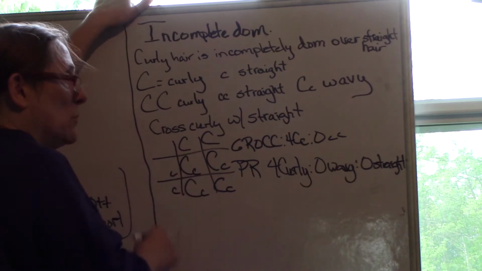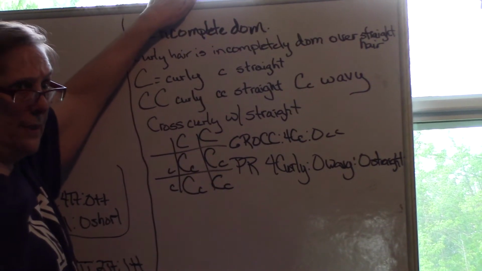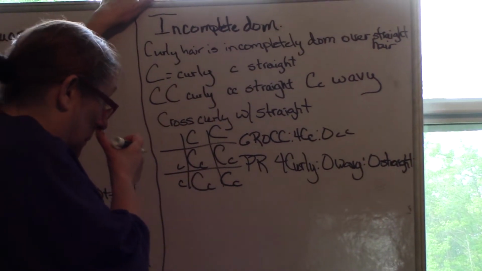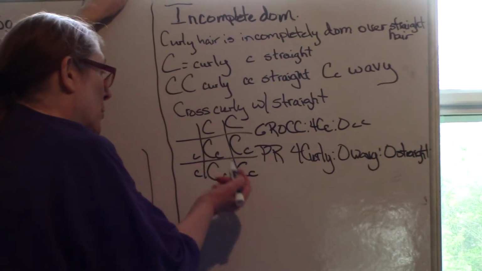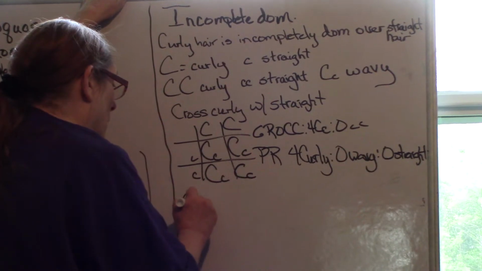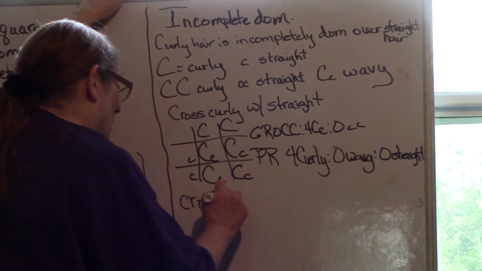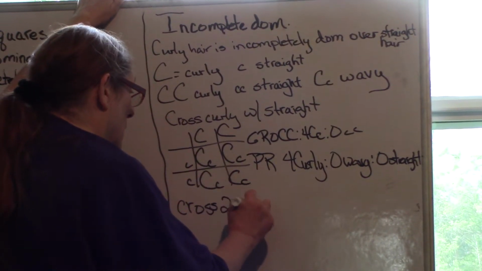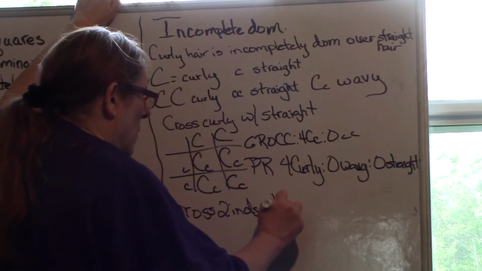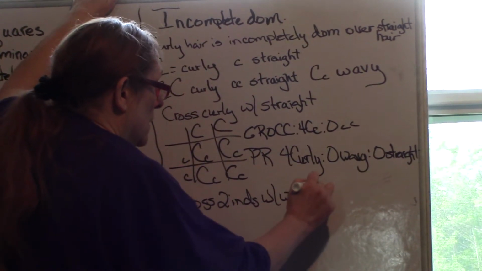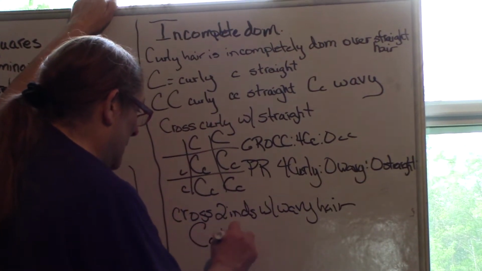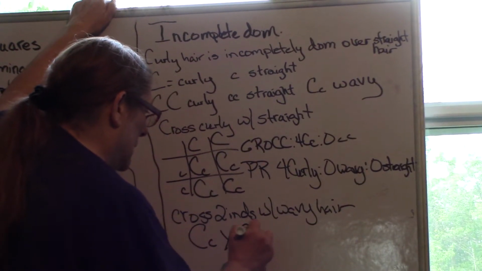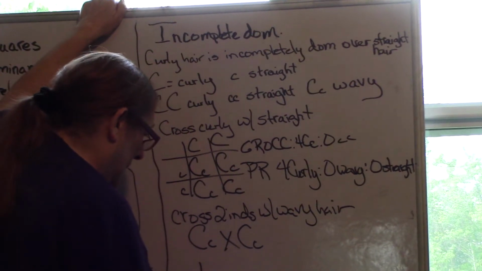Now, we wouldn't want to take siblings and breed them like Mendel could with the pea plants, but if we take two individuals who have wavy hair, so that translates to big C little c times big C little c.